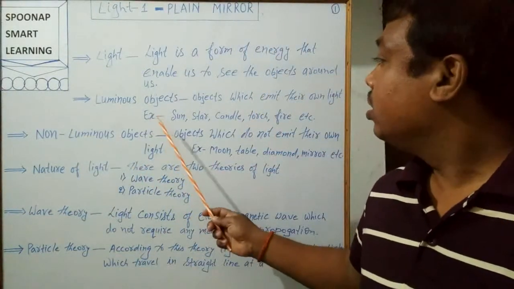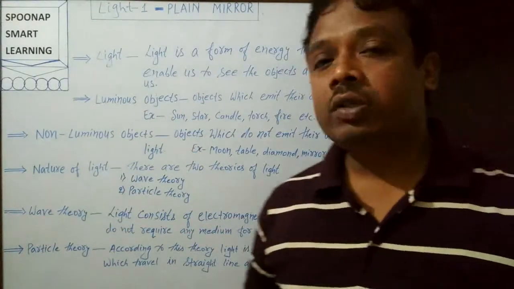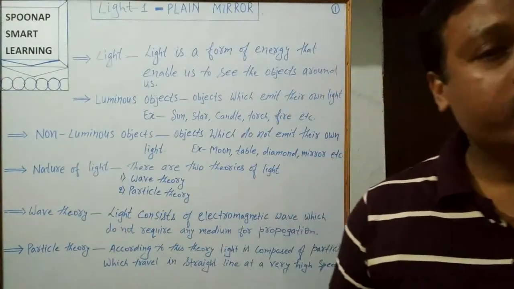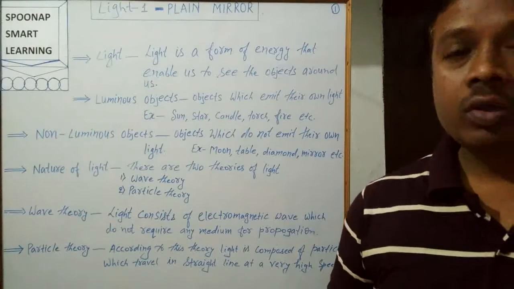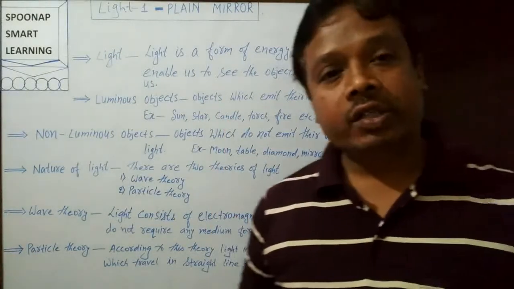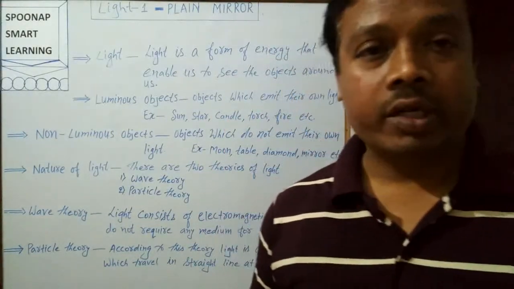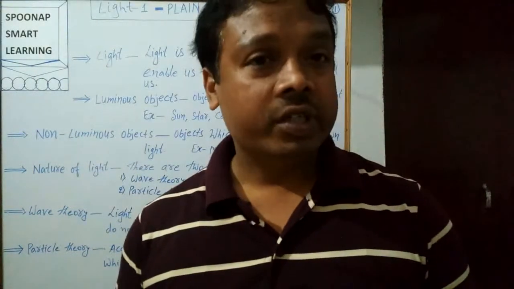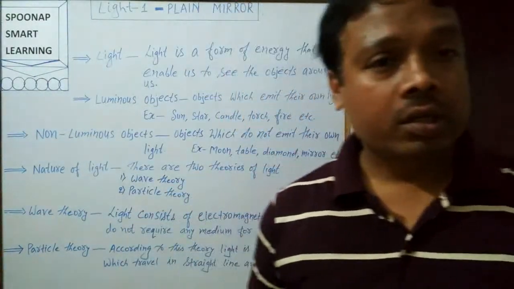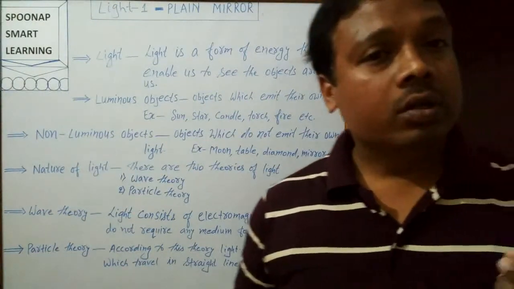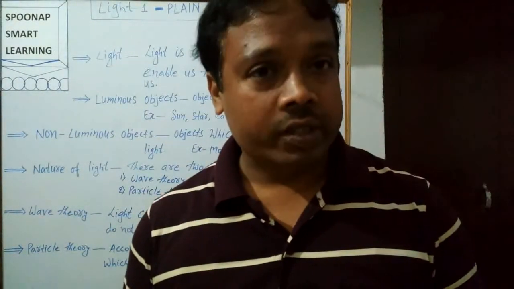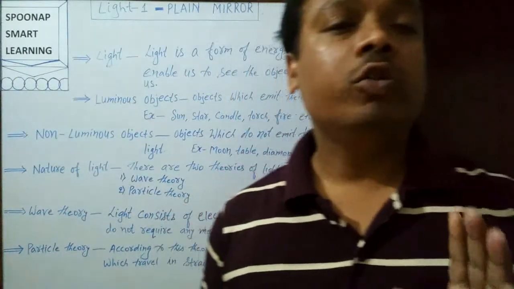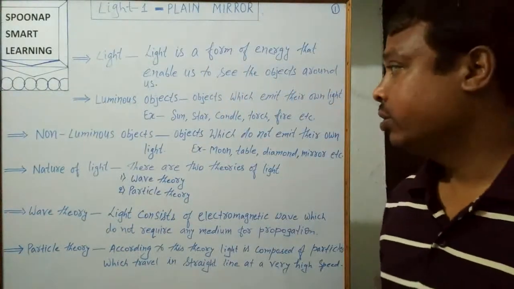For example, sun. Sun has its own light, all of us know. Star also has its own light. When we burn a candle too, it emits its own light. In case of torch also, torch emits its own light. So all of these are luminous objects.